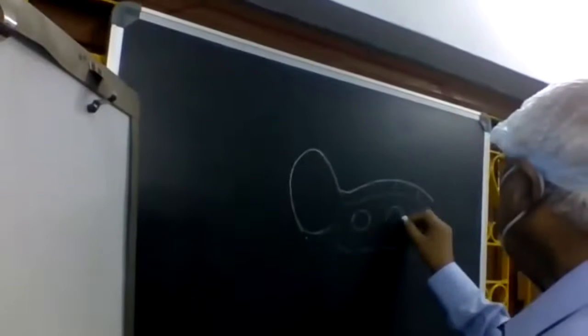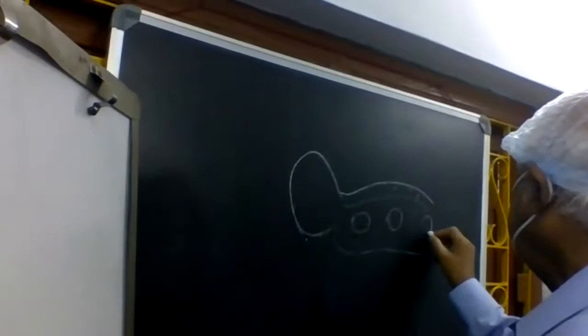So this is your fetus, this is the spine. Here is the heart, here is the stomach, here is the bladder.